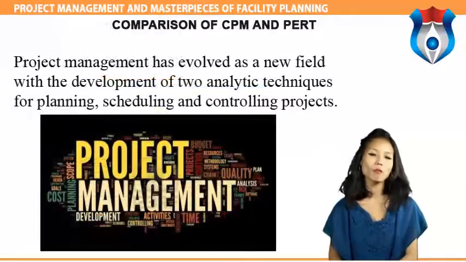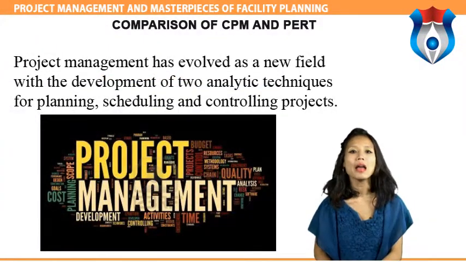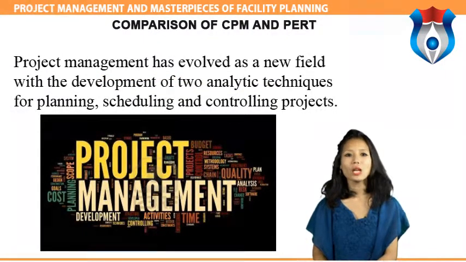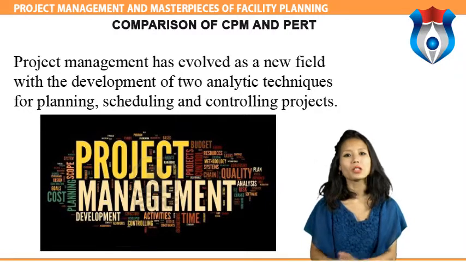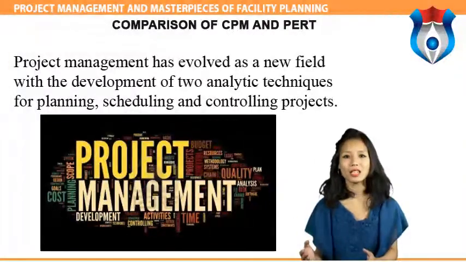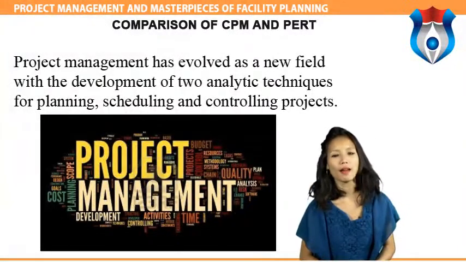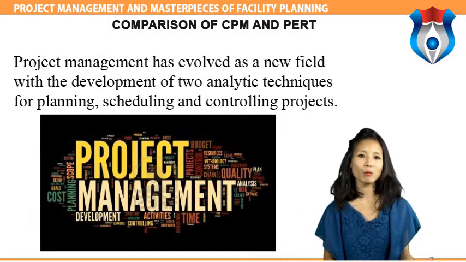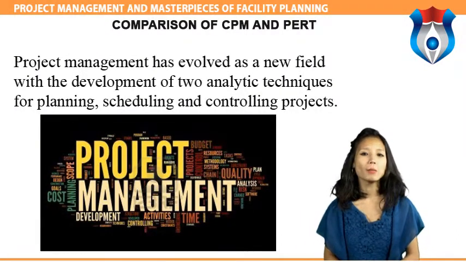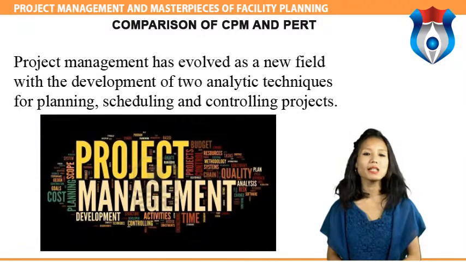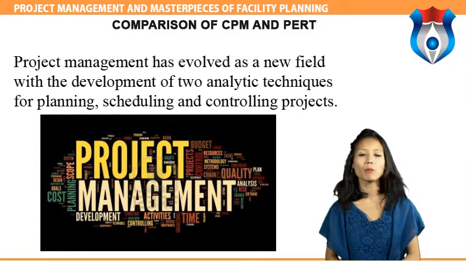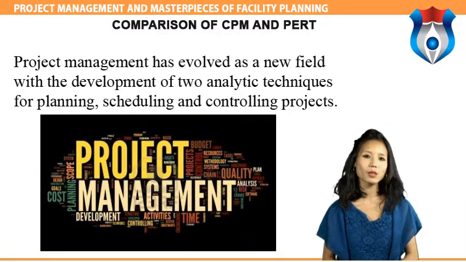Let's note the comparison of CPM and PERT. Project management has evolved as a new field with the development of two analytic techniques for planning, scheduling, and controlling projects. These are the CPM and the PERT. The PERT and CPM are basically time-oriented methods in the sense that they both lead to the determination of a time schedule.